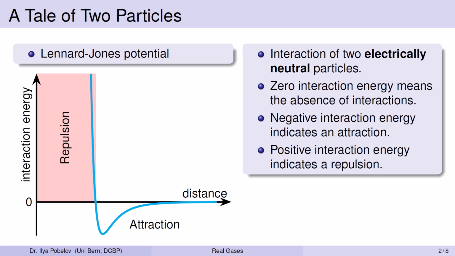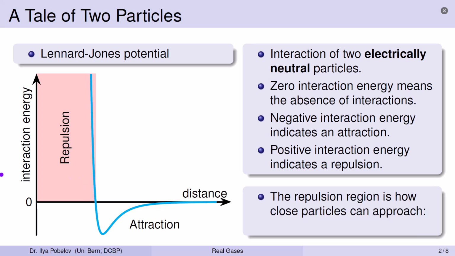As many of you may be aware, from the point of view of quantum mechanics, particles don't possess a definite volume or a radius. Rather, we can talk about how strongly one particle repels another. But for practical purposes, we can assume that this distance from 0 to the intersection of the potential with the x-axis is how close two particles can approach each other.